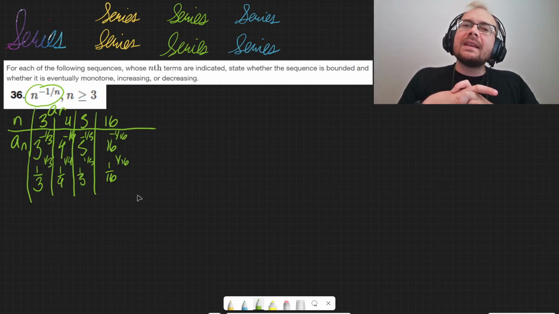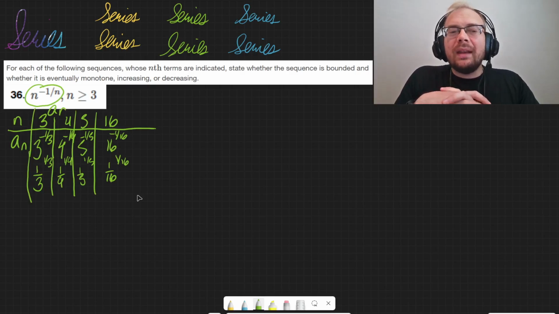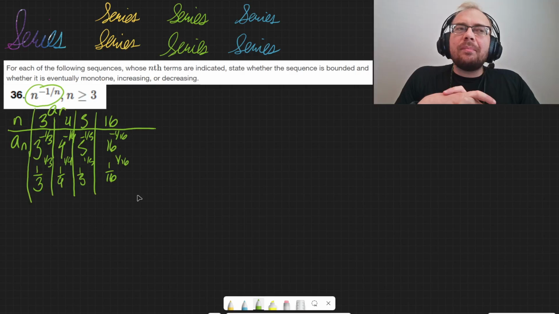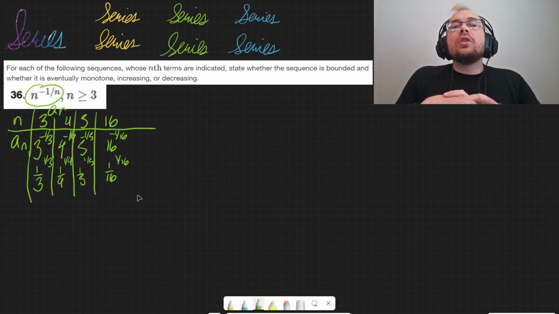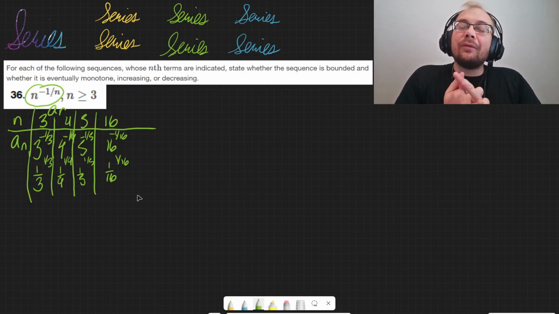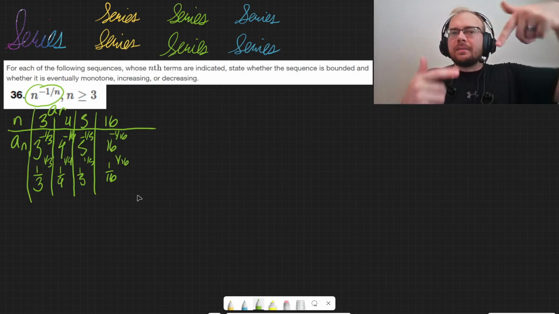But if it's less than 1, it decreases. If you take a number that's just a little bit less than 1, like 0.9, and multiply it by itself, you get 0.81. Then multiply by itself again, you get like 0.729, and so on and so on. So if you multiply a number that's just a little bit less than 1 by itself over and over again, you'll eventually get a really small number.